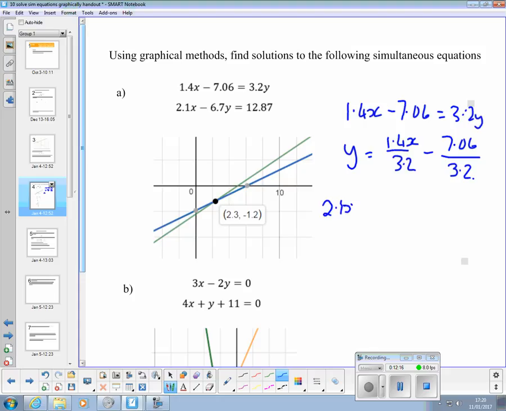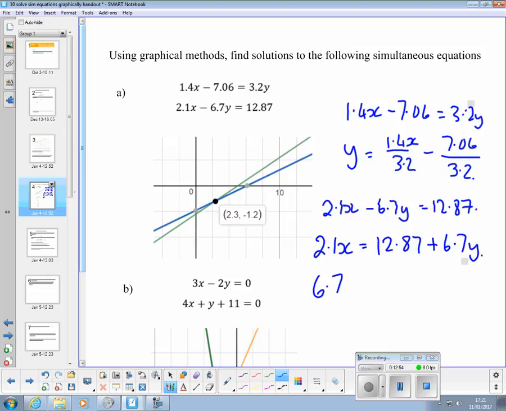This one, 2.1x minus 6.7y is equal to 12.87. The recommended route here is we've got a negative y term, so let's add that to the other side and make it positive. So 2.1x is equal to 12.87 plus 6.7y. Then we subtract the 12.87 from the other side.